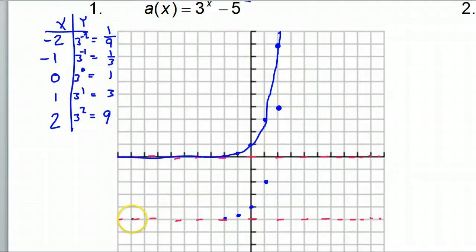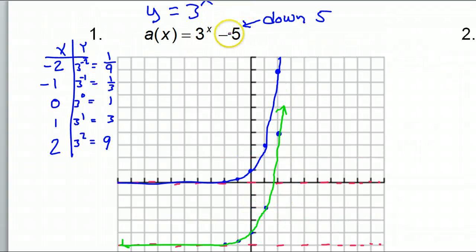So this is the actual function, not the parent function, but the actual function that we were asked for. All right, and then we go from there. Okay, so you can always get a graph by first graphing the parent function and then doing whatever transformations you have, in this case shifting down by 5.